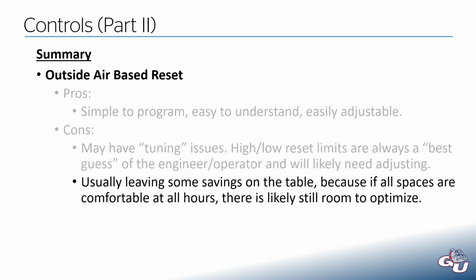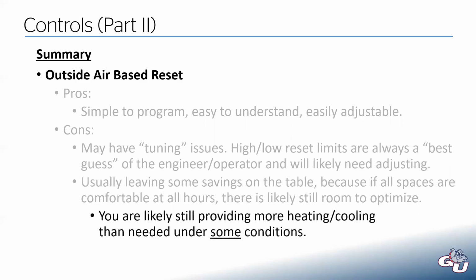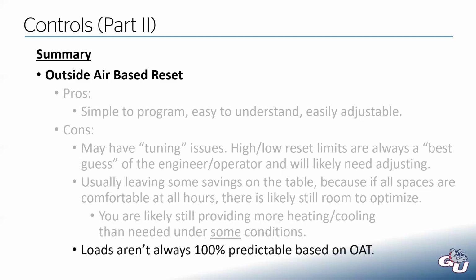Because if you set this up, and all of your spaces are comfortable all the time, there's probably still room to optimize. What's probably happening is you're still providing more heating or cooling than you really need under some of those operating conditions, because these loads are not always 100% predictable.